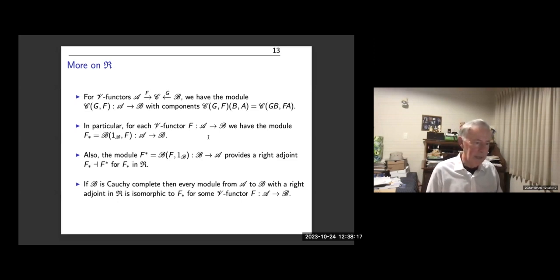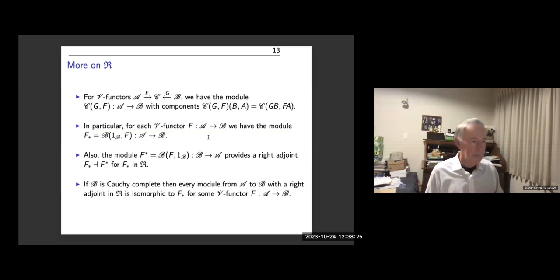Cauchy completeness comes down to saying that a module having a right adjoint at all into B is the same thing as being an F lower star, or isomorphic to an F lower star. So modules with right adjoints, I like to call Cauchy modules, and ones that come with this F lower star I call convergent ones.